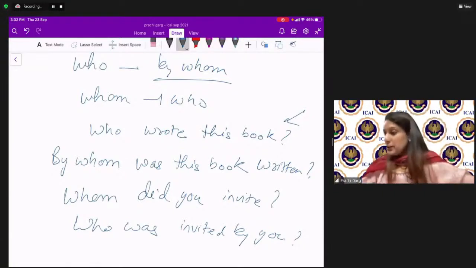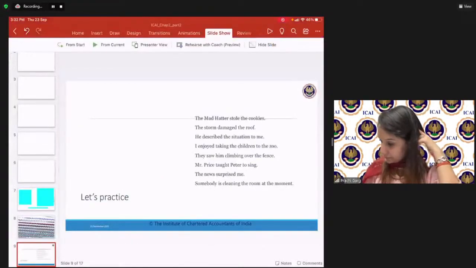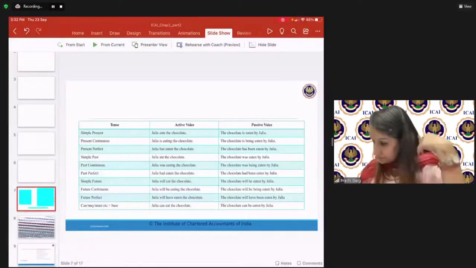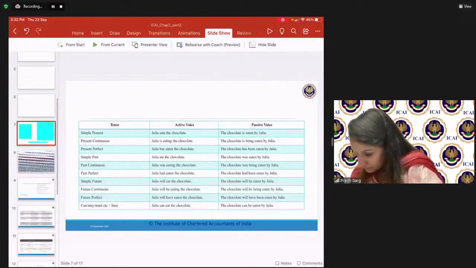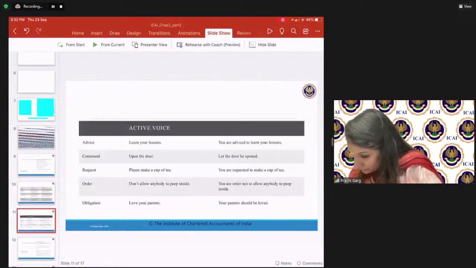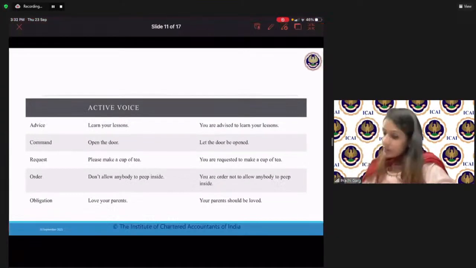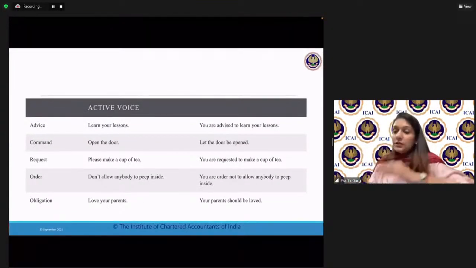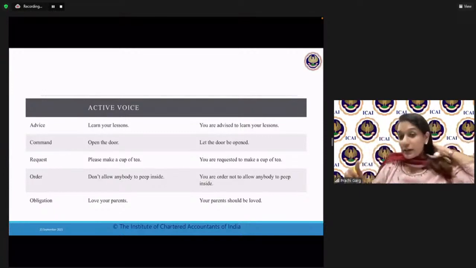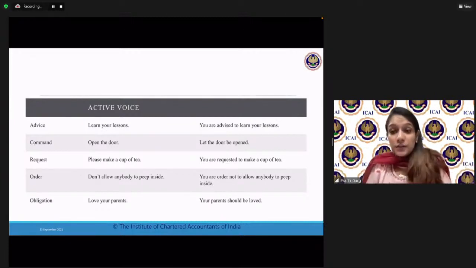Let's quickly look at the PPT. For the imperative voice, if you have active voice which says learn your lessons, and you're changing from active to passive, you will use you were advised to learn your lessons.